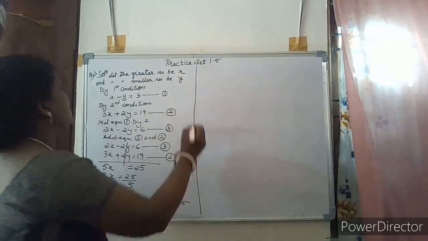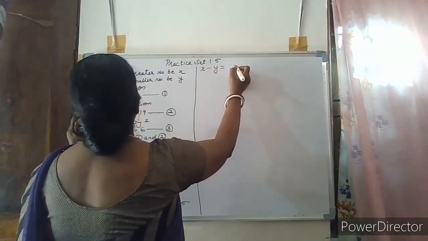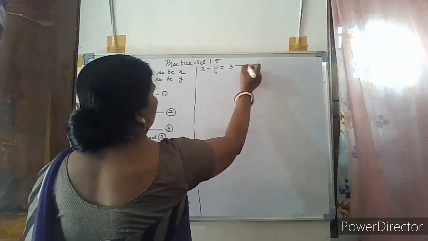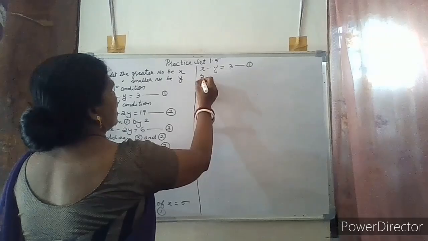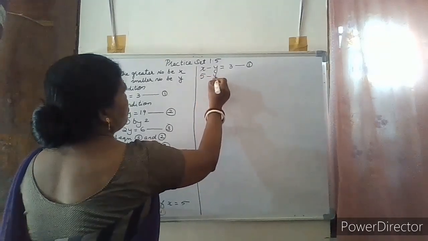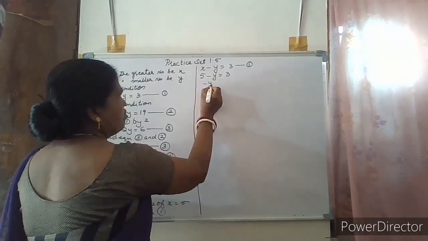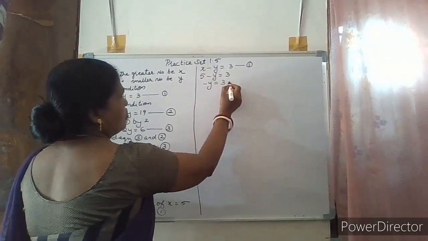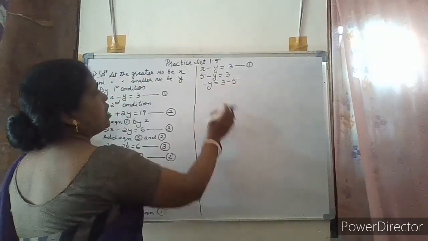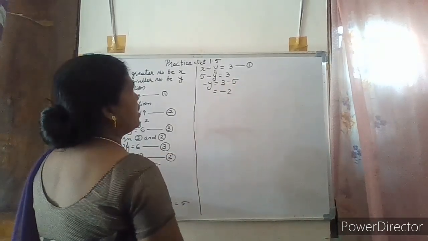Write equation 1: x minus y is equal to 3. The x value we have got is 5. So 5 minus y is equal to 3. So minus y, I will transfer this 5 to the other side. It is 3 minus 5. When I solve 3 minus 5, I get minus 2.